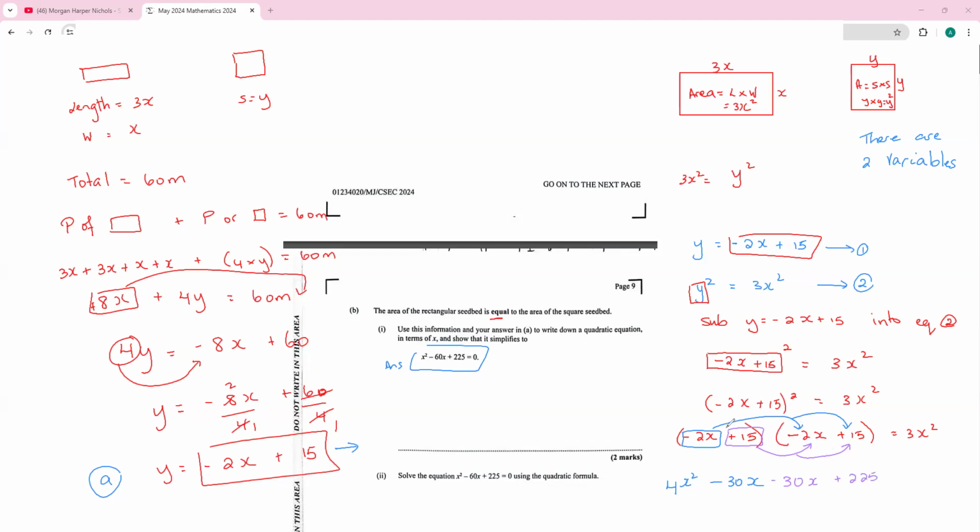Right, so remember we expanded the left-hand side of the bracket, but we also have it equal to the right-hand side, which is 3x squared.